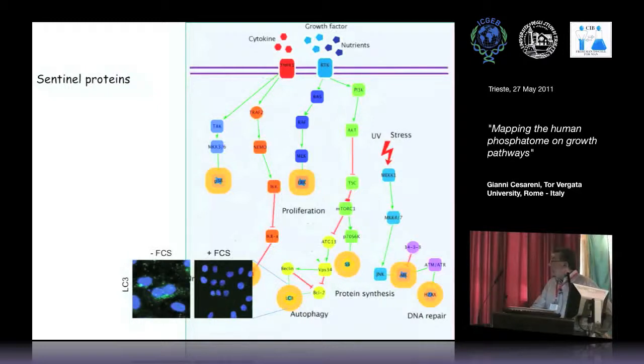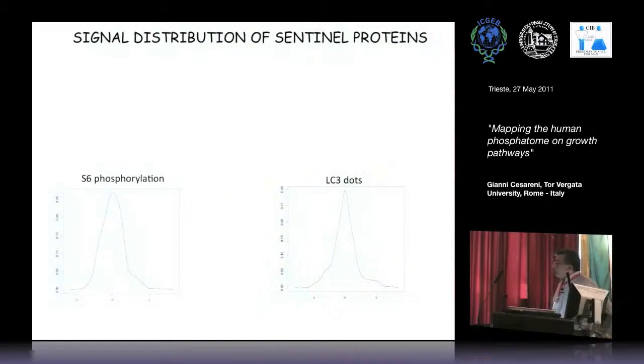So now we can look at all our images, and we try to see how the interference, one after the other, of the 300 phosphatases affects these 7 phenotypes that we have considered. If you plot the measurement, here you have the intensity, for instance, of S6 phosphorylation, and then you see how many phosphatases have the value corresponding to the average.